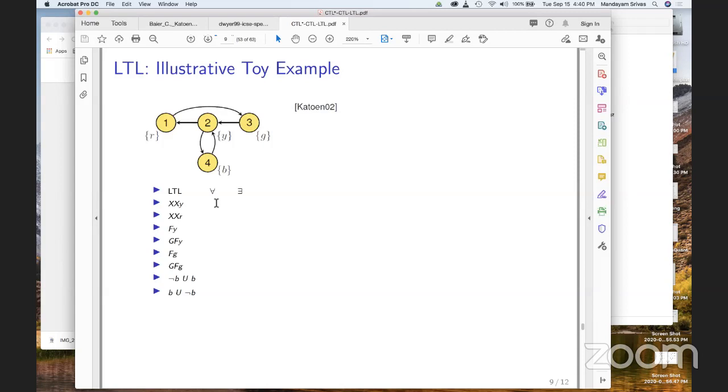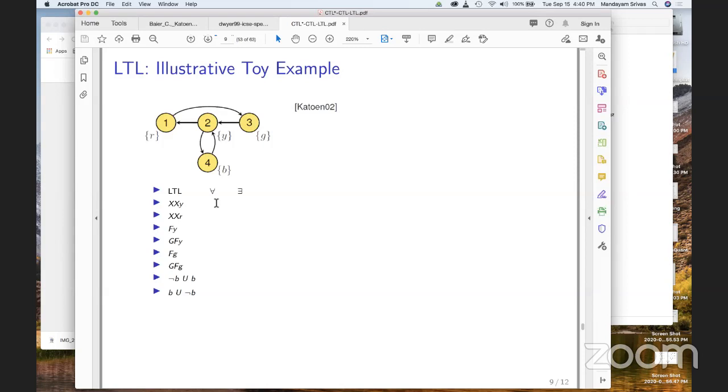So what does X, X, Y mean? It is true of a path if Y is true in the next to next state. That is, if I index from 0, it has to be true at index 2, correct?